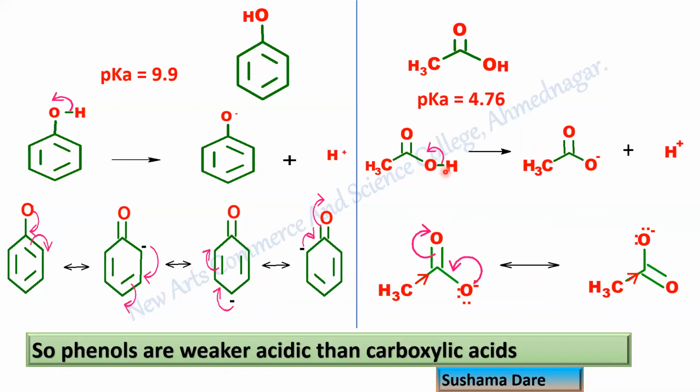If this oxygen hydrogen bond is weak, it easily undergoes dissociation. If it easily undergoes dissociation, what does it indicate? It has to be a stronger acid as compared to phenol. So phenols are weaker acids than the carboxylic acids.